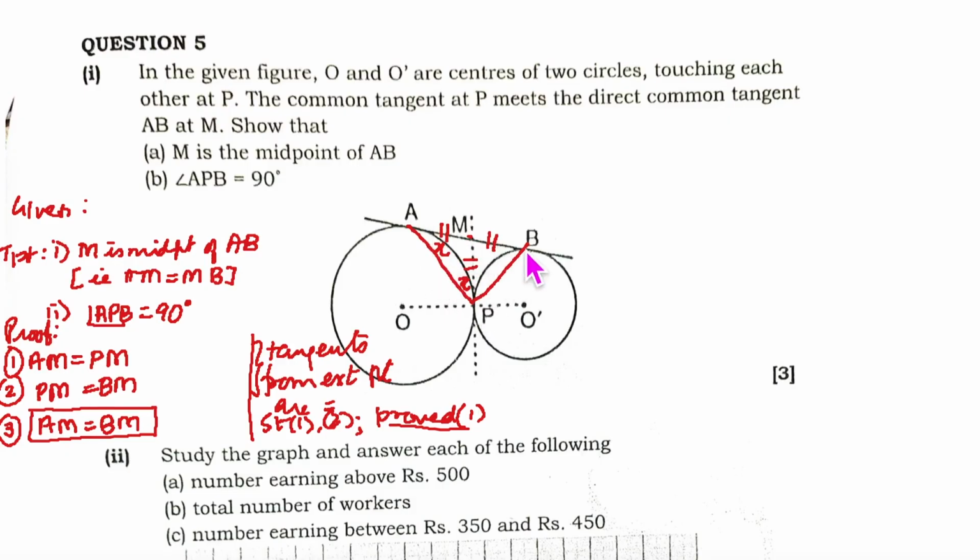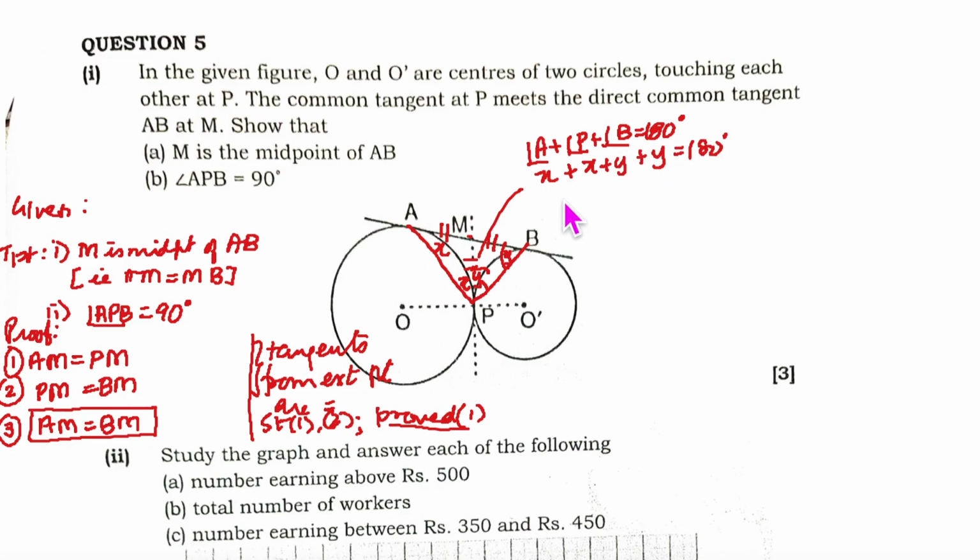And in this triangle, this side equal to this side, so this angle Y will be equal to this angle, which is also Y. And in this triangle, you will say angle A plus angle P plus angle B equal to 180 degrees. We are doing a shortcut. And what is the reason? Angles of the triangle are supplementary. What is A? X. What is P? X plus Y. What is B? Y.